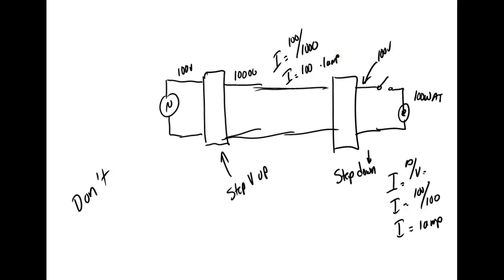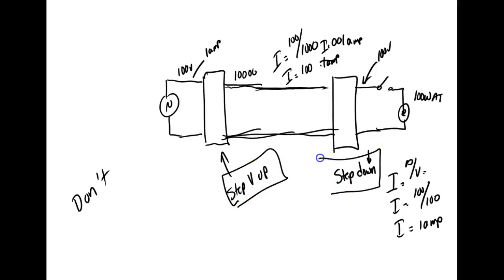No, it's going to be less than that, isn't it? Yeah, it's going to be 0.001 amp. Y'all understand that? Makes sense. So in a transformer, and then I get back over here, we're back at 1 amp. So what I can do with AC that I can't do with DC is step it up for transmission and step it down for safety.